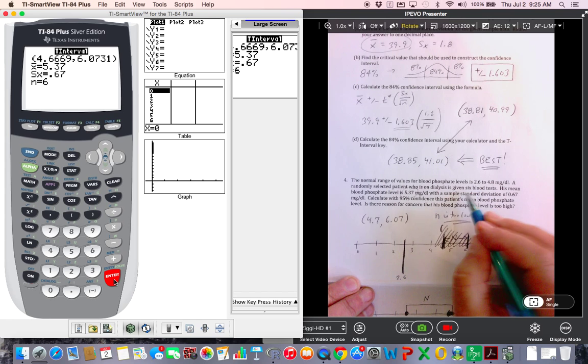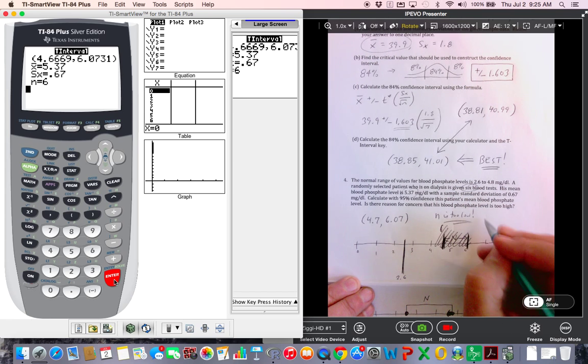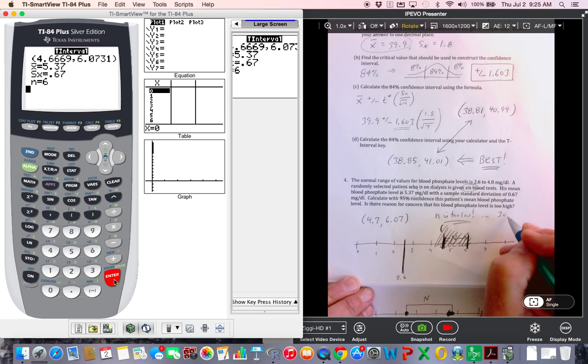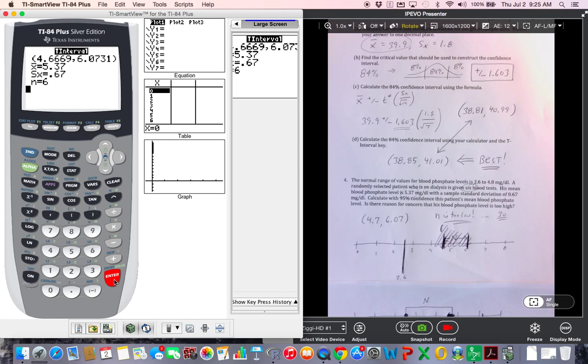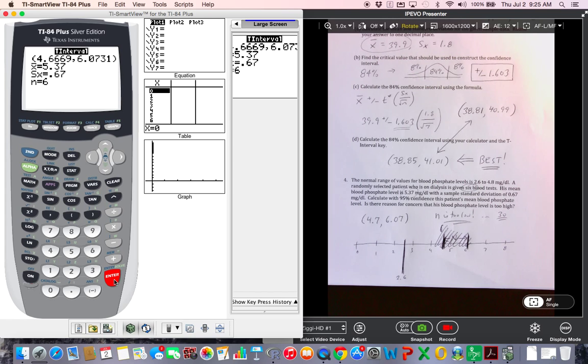Only 6 measurements. If I wanted to statistically conclude, I would want to bump this up to about 30, because central limit theorem tells us that we need a sample of 30 to make sure we have a normal distribution.